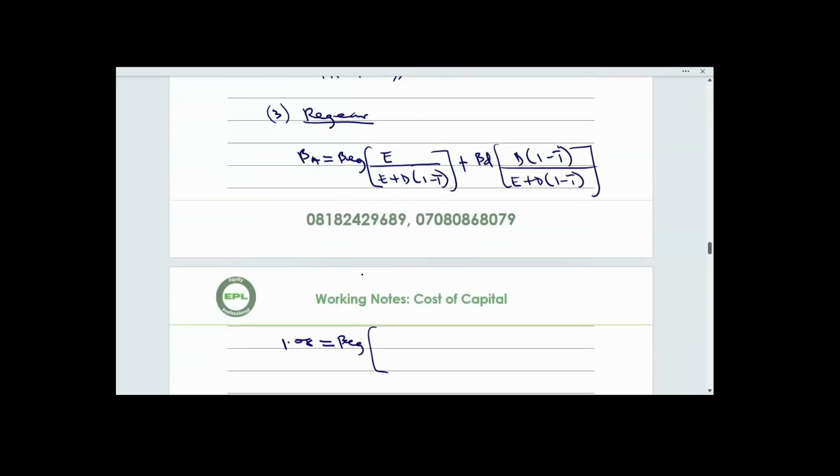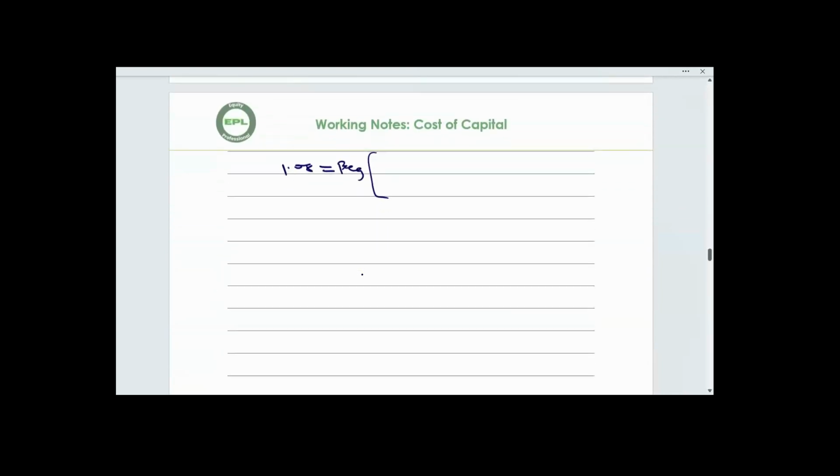Multiplied by equity value of Kilimanjaro, which is 33,920, divided by 33,920 plus debt value of Kilimanjaro, 17,400. Tax rate is 35% for the two of them, so you have to account for 65%.